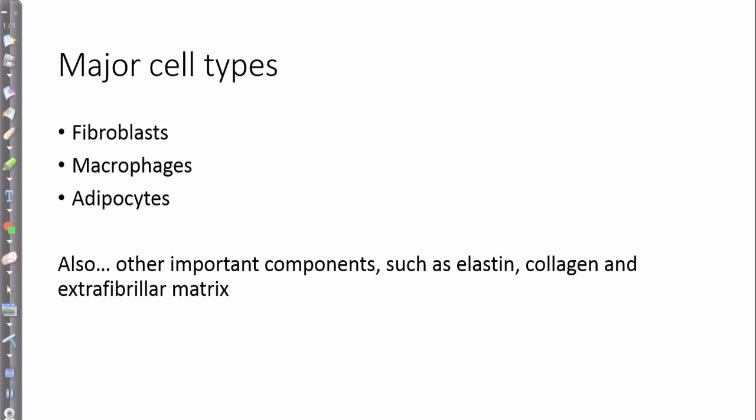Macrophages are defensive cells, trying to protect us from foreign invaders, and adipocytes are fat storage cells. So all of these cell types are very important in the dermis. But again, one of the major roles of the dermis is to provide that important strength as well as elasticity of our skin.